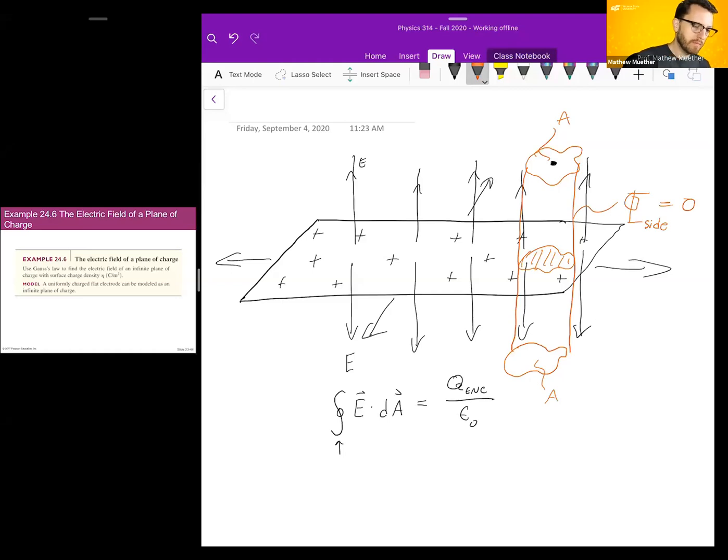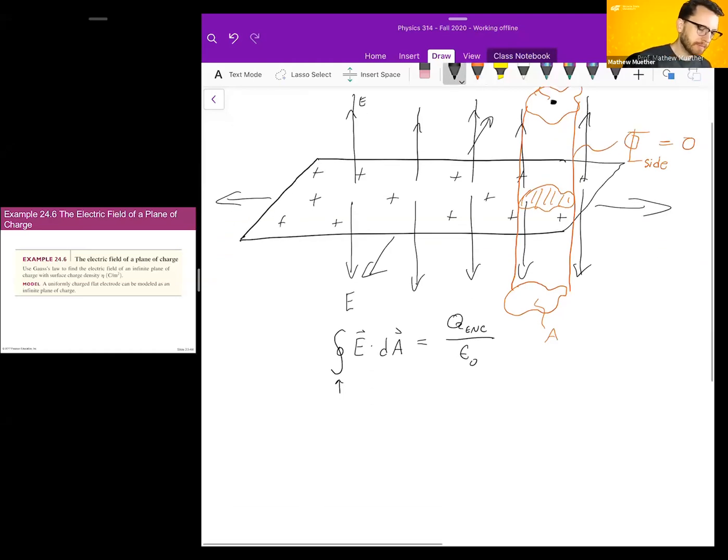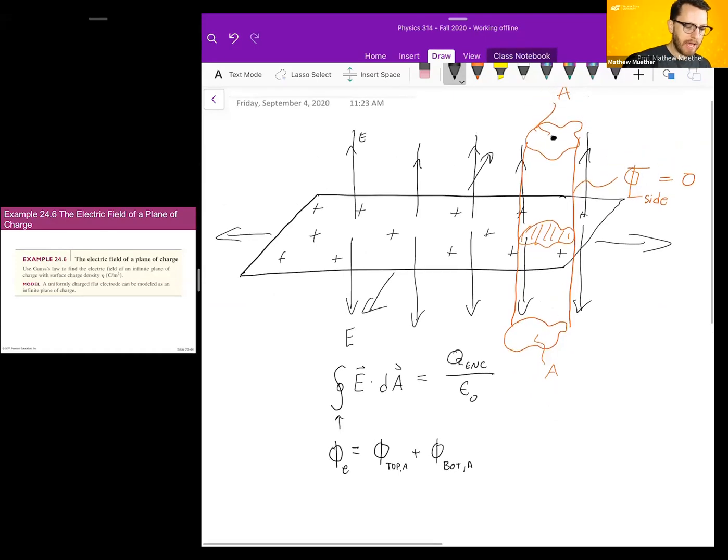Okay. So if we want to calculate the total flux, it's just got to be equal to the flux through that top area A plus the flux through that bottom surface area. And the nice thing here is we know that the electric field everywhere on this surface, we can imagine breaking it into small little dA windows. The electric field is going to be parallel to the dA there.